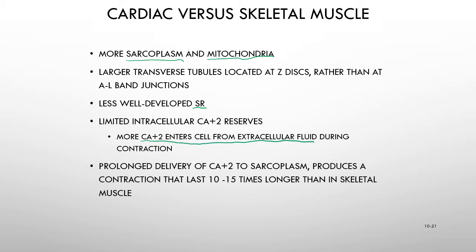A large amount of that calcium is going to come from the outside of the cell. What this equates to is a contraction that lasts longer than that of skeletal muscle. Whereas skeletal muscle can be down in the 30 millisecond range, cardiac muscle is up in the 300 millisecond range. So it has a longer contraction.